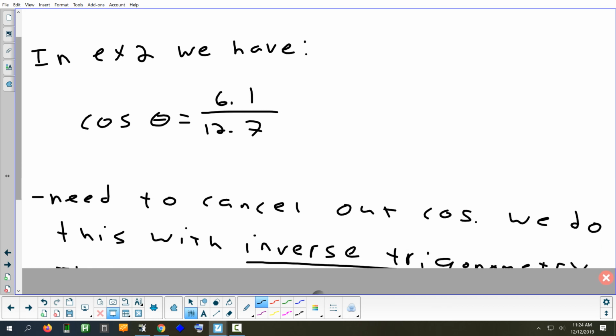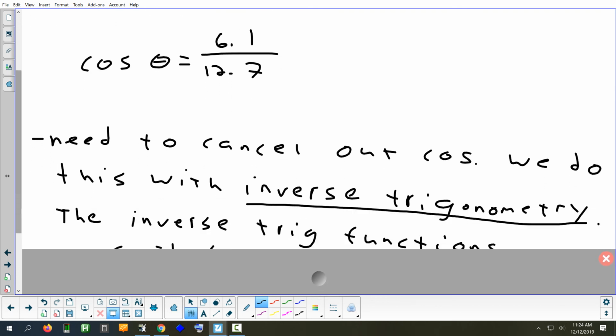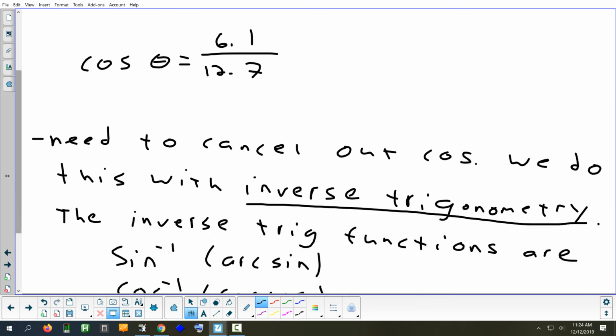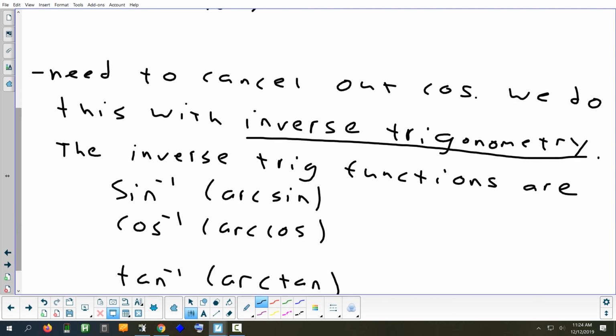So the way we have to cancel out cosine is with what's called inverse trig. If you've looked at those buttons that have a little -1 above them, that's inverse trig. So sine with a -1 means inverse sine. This means inverse cosine. This means inverse tangent.